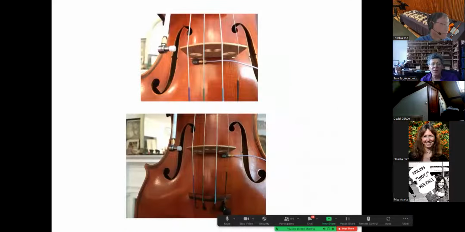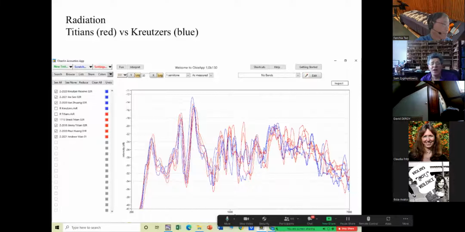Well, there's my setup. I think I showed that to you. Backtracking a little bit, to the question of can you characterize timbre based on model? For Guarneri and Strad, frankly, it's pretty easy. But can you do it between different types of Strad models?